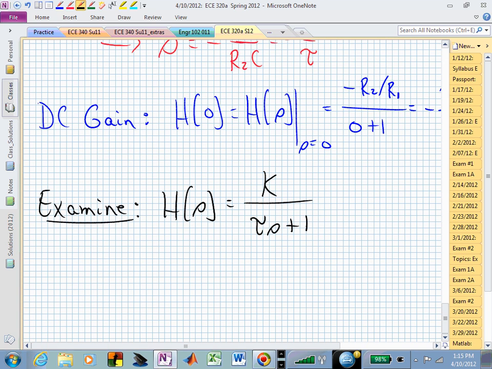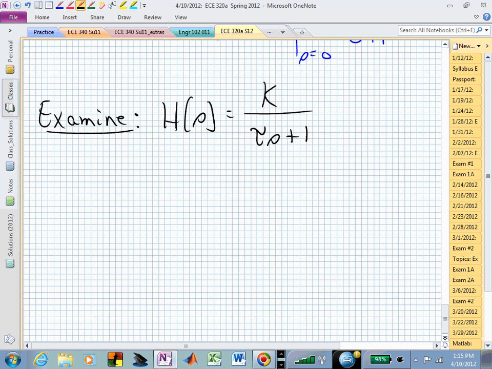So how many terms do I have effectively in this simple example? I have a gain term, a K, and I have a linear term, that pole factor. I have 2 terms, and those are 2 that I want to talk about so that you start to get comfortable with sketching the contributions from each of these terms.